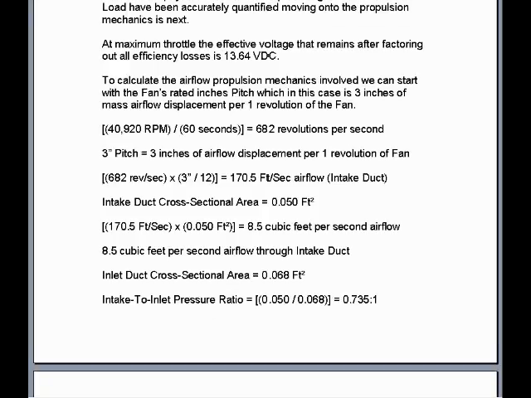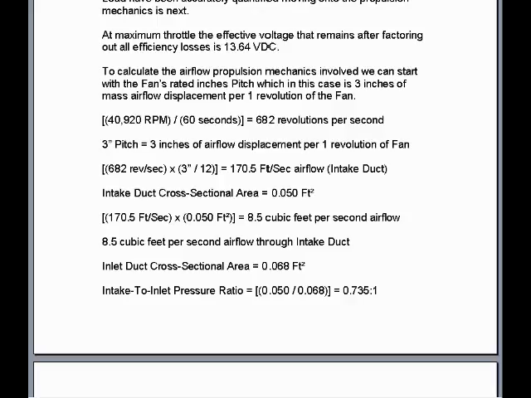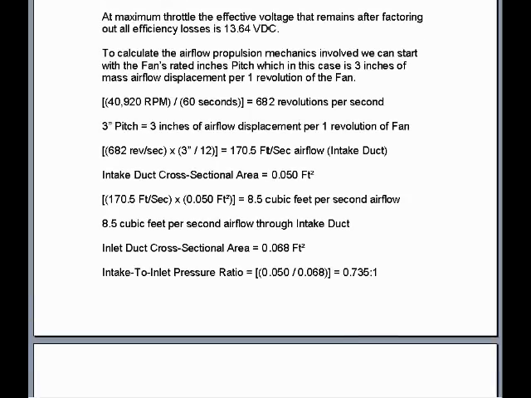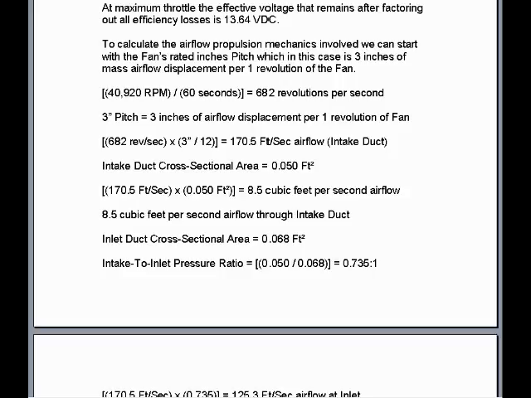When we do so, we calculate at 40,920 RPM an intake duct airflow velocity of 170.5 feet per second will occur when the fan is rotating at 40,920 RPM.